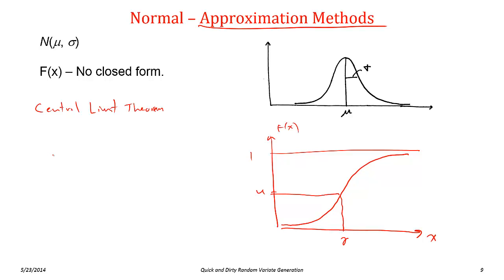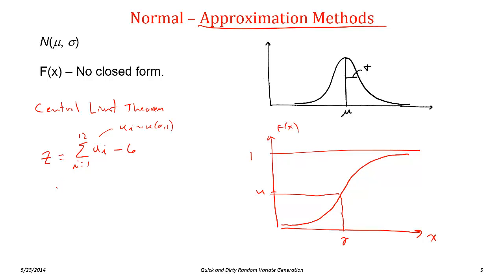And so what we're going to do is compute z as the sum for i equals 1 to 12 of ui, minus 6. Essentially we will sample 12 independent ui's, and these ui's are still U01, so each one of these ui is U01, and then we'll add those together and subtract 6.